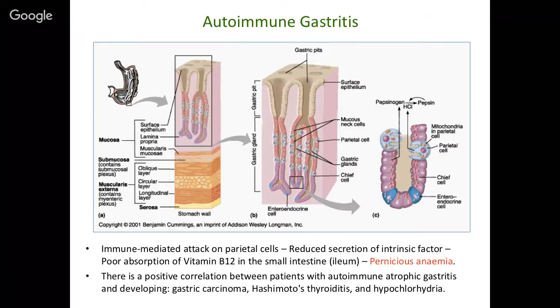But getting back to the parietal cells, more important in this case, they also secrete intrinsic factor. You need intrinsic factor to absorb vitamin B12 in the small intestine, or the ileum specifically. And if you don't, it can lead to what's called a pernicious anemia. Very commonly associated with autoimmune gastritis, so keep that in mind for your EMQs.